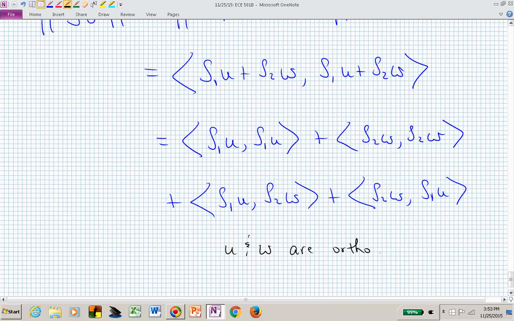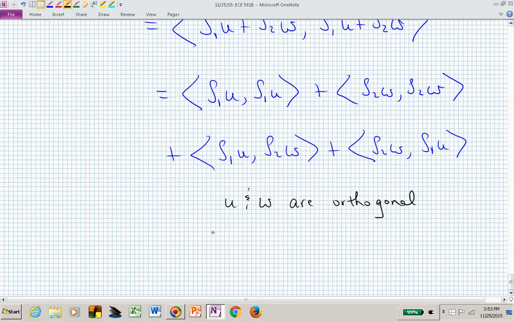So U and W are orthogonal. But we also know that S1 and S sub 2 preserve inner products. And they also preserve this orthonormality or orthogonality.